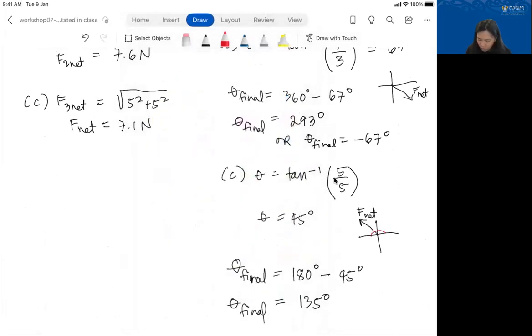From this side to that side, that's 180 degrees. But what you want is this angle. This is your final angle. What you've calculated is this 45 degrees. And that's why your final angle should be 180 degrees minus 45 degrees.